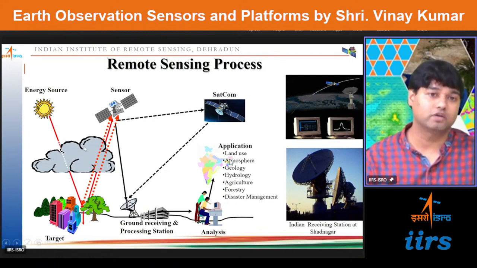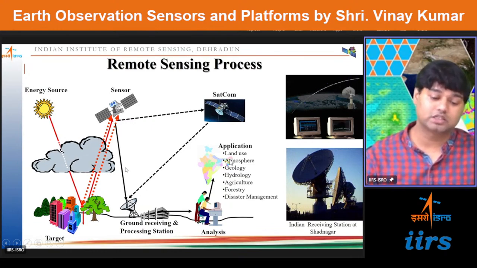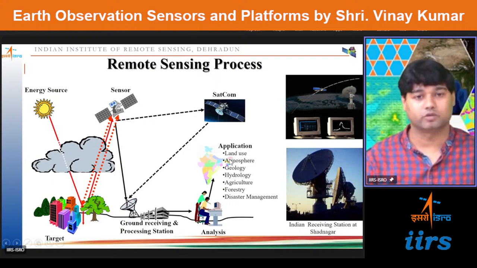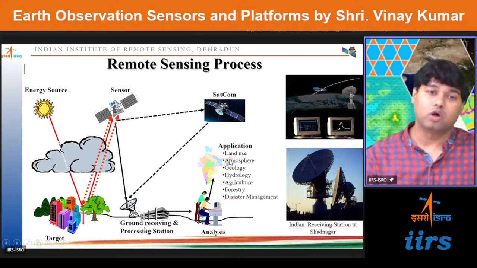The errors that are introduced are recorded in the sensor as data. Now it is converted to an electronic signal, and as an electronic signal, it is transmitted to the ground receiving station. Here I have used the term ground receiving and processing station because, what is a ground receiving station?